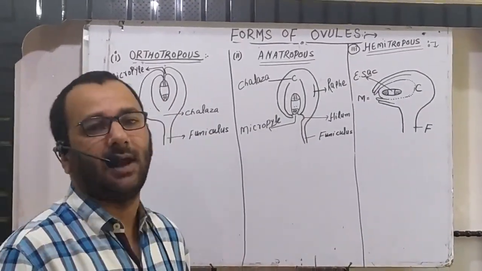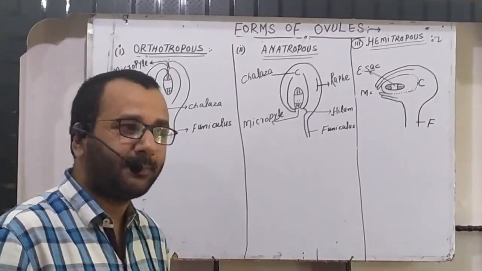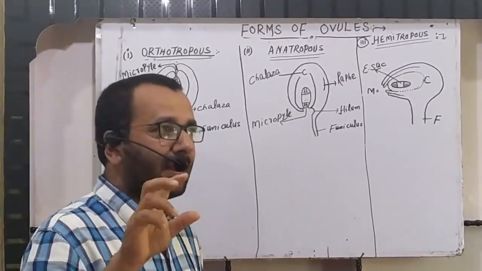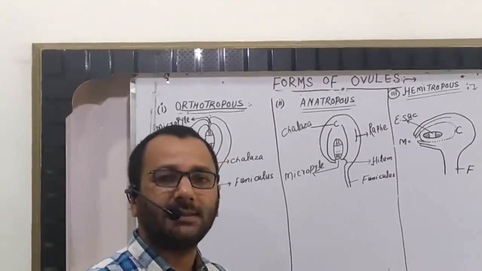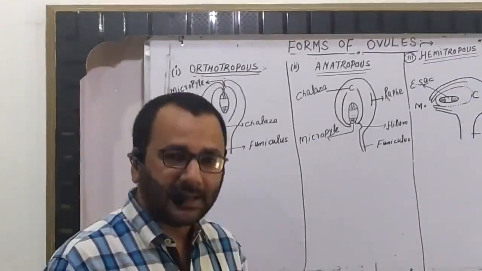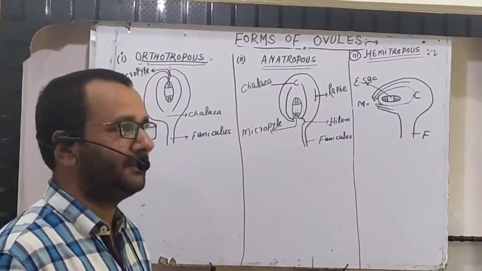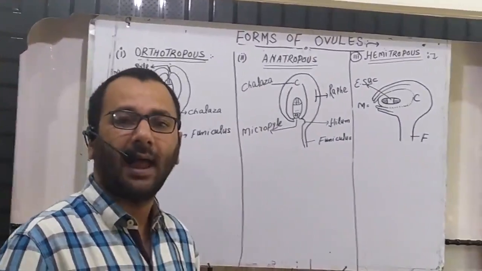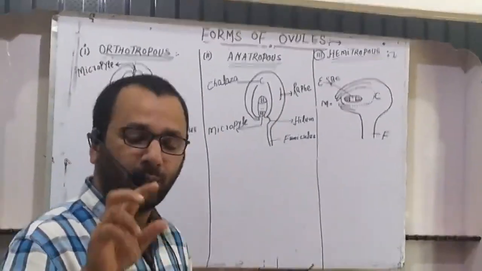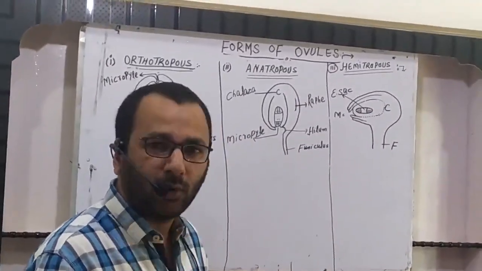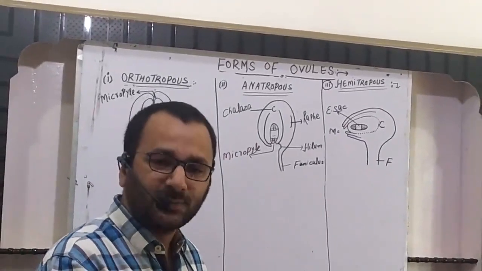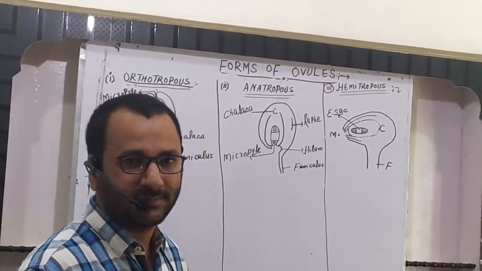There are 6 types. On what basis? These forms are on the basis of orientation of body of an ovule and the position of micropyle in respect to the funiculus.